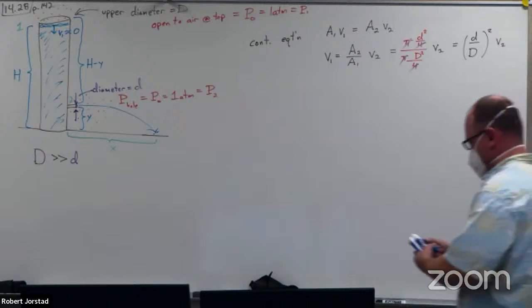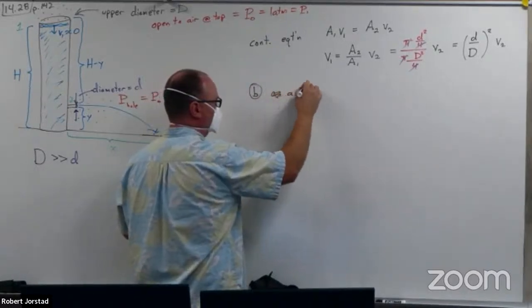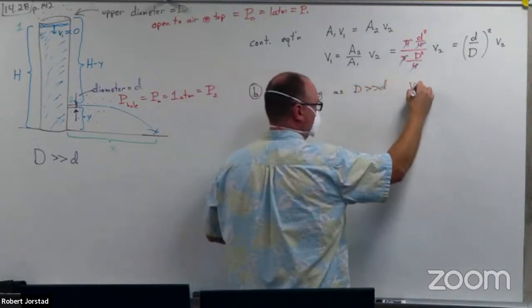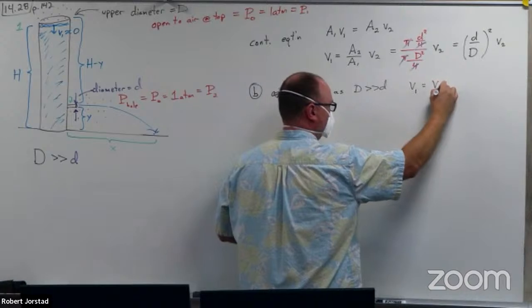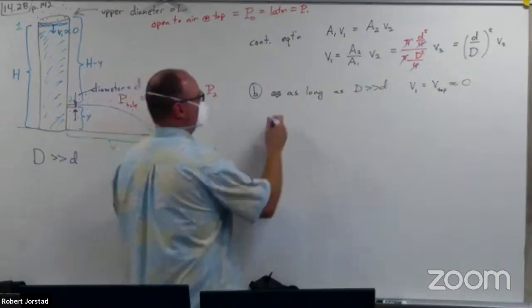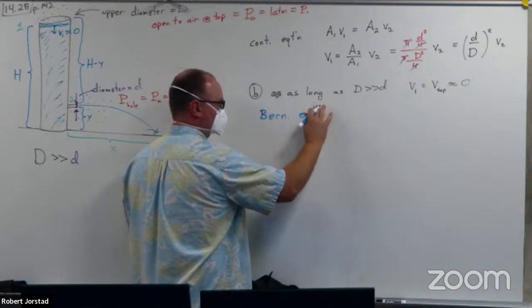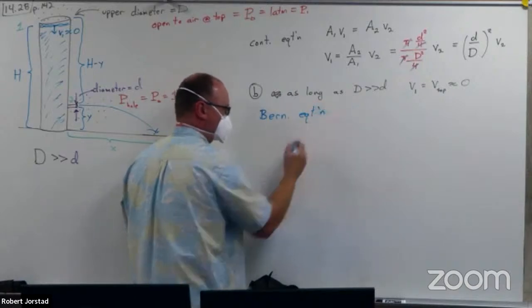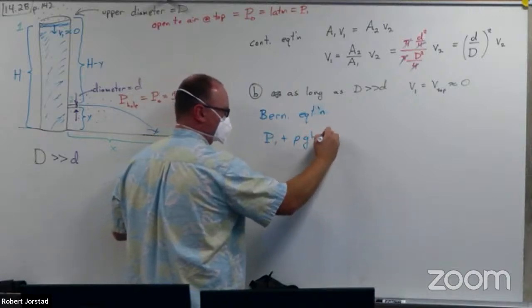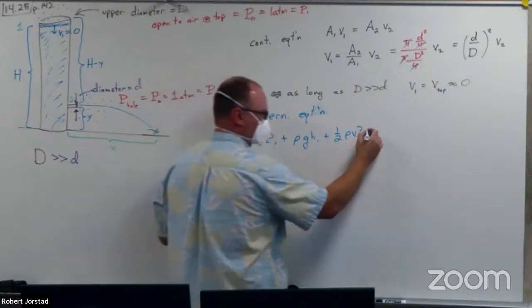Okay, so part B. Now I'm going to use my Bernoulli equation. I know pressure 1 plus rho g h1 plus 1/2 rho V1 squared, the dynamic pressure, equals the same terms at point 2.